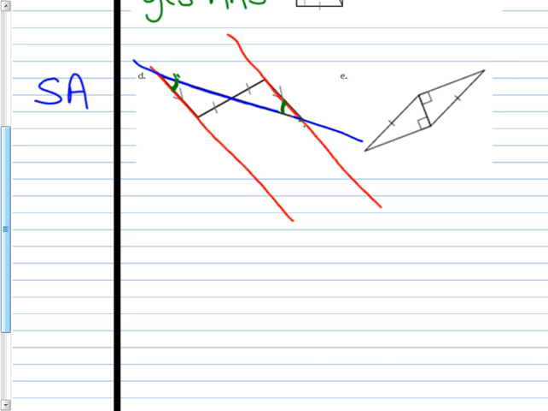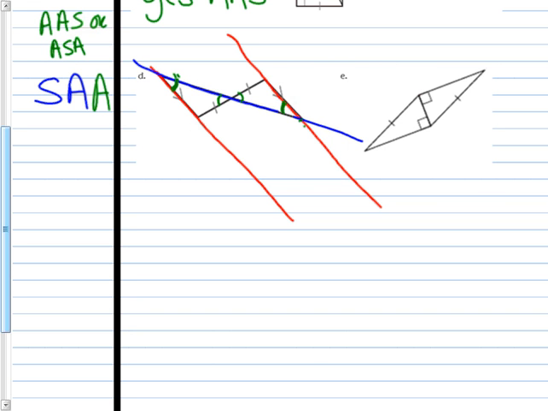So now I have another angle. I've just proven another angle. And SSA isn't a thing, so I have to think about, am I going to use AAS, or am I using ASA? Let's look at my angles. I had originally marked these vertical angles, and I have a side, and now I have another angle.